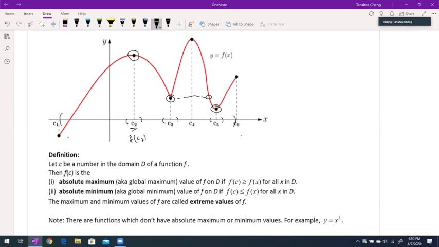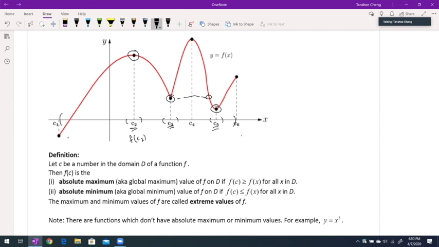Okay. And what we are interested in is how to find those C values, right? We define those numbers with a new name, which is the critical numbers. So when are the critical numbers going to happen?